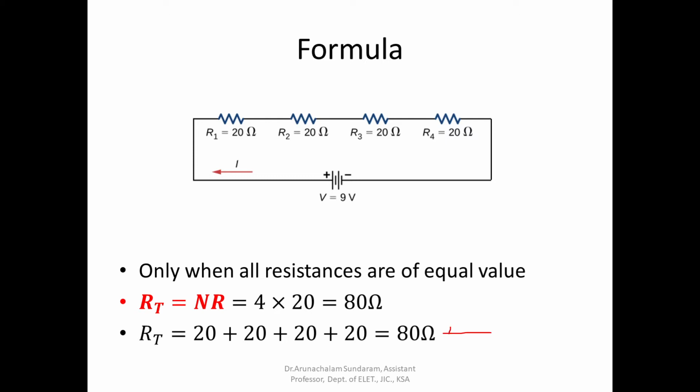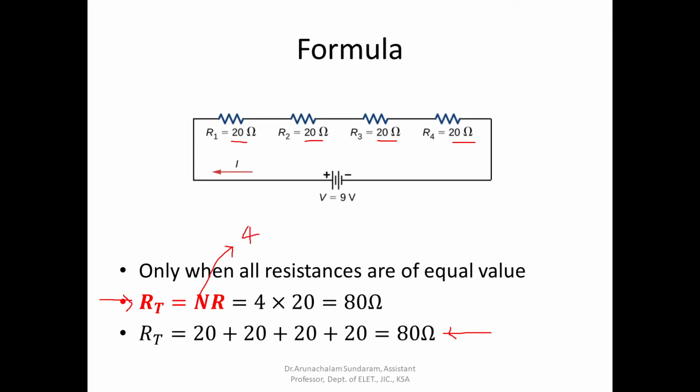But there is another easy way to solve this question if you find that all resistances are of the same value. If all resistances are of the same value, we can very easily use this particular formula given here, where N represents the number of resistances. In this case, we have 4 resistances, so N is 4.